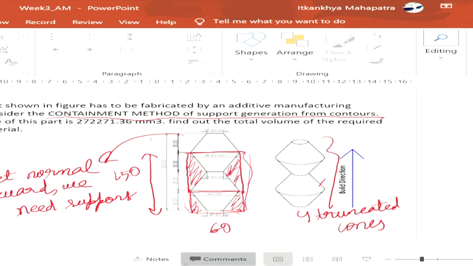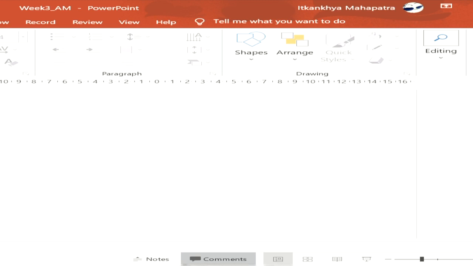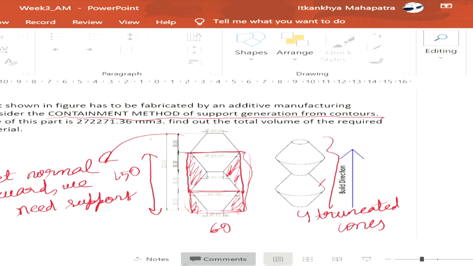First we will calculate the volume of the truncated cones. Now for this region, we are considering it as a cube.